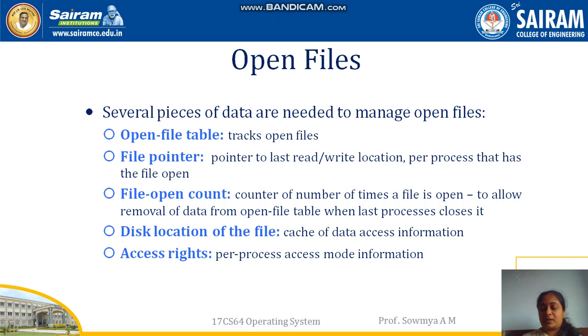This table will have the names, the list of files which are opened at present, and the pointers for them. And a file pointer to the last read or write location of the process. The open file table will have address pointers: what files are open, a list of files, and the pointer for the location.